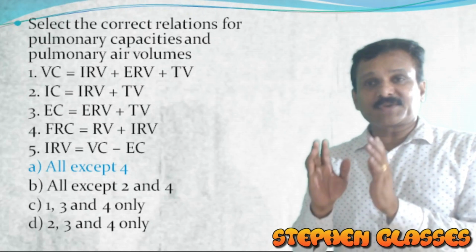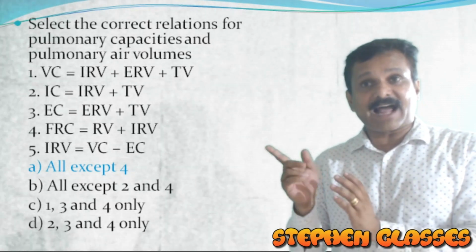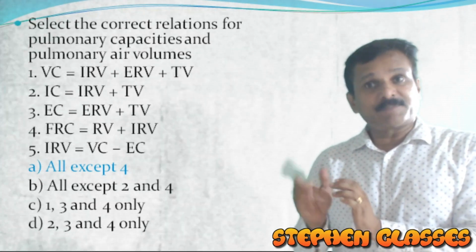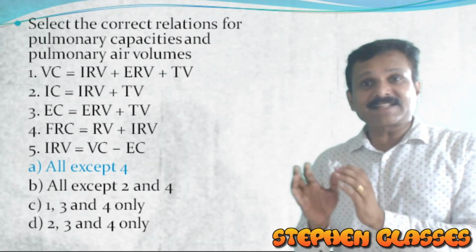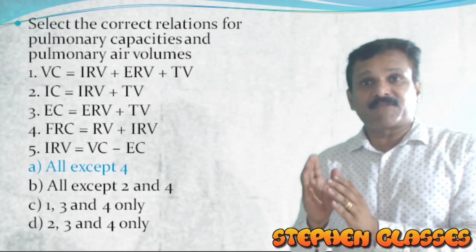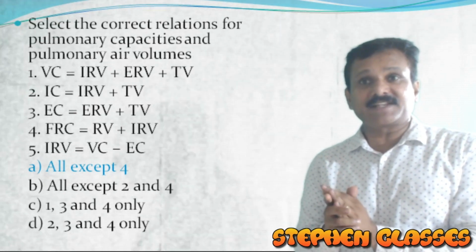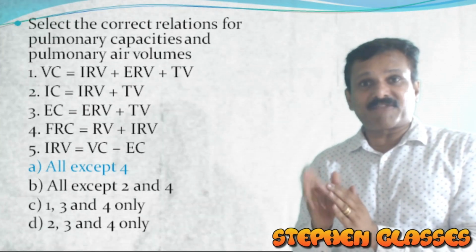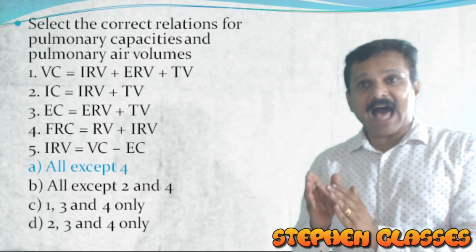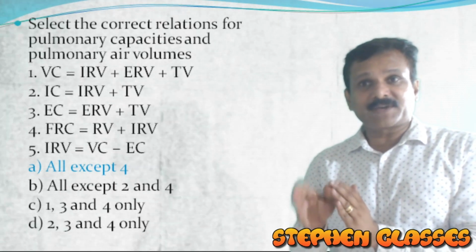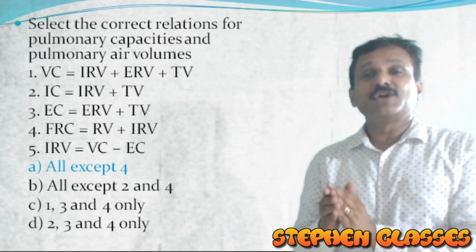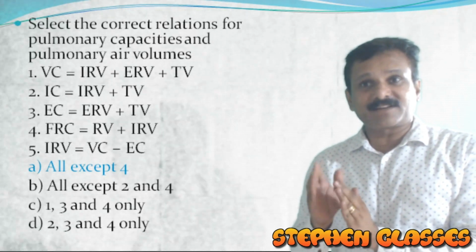All these relations you can learn very well from the graph that I have shown in the previous slide. So the correct answer will be all except 4. Only the fourth relation is wrong here because FRC is equal to RV plus ERV. So here it is incorrectly given. So the correct answer is option A.